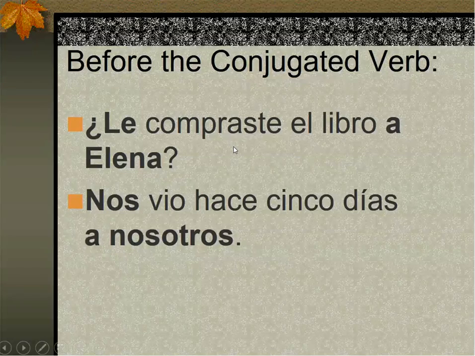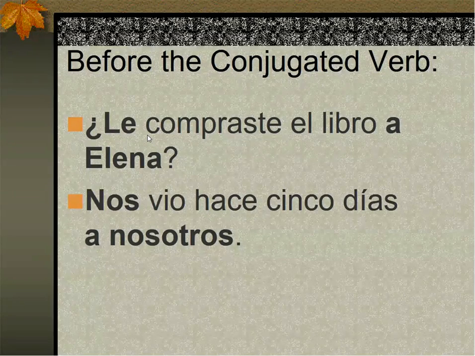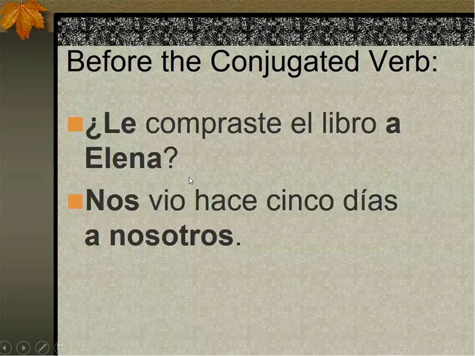So I know it looks kind of redundant because you have the indirect object and also the name of the person. But remember, when I say le, it could be to her, to him, to you formal. So to avoid confusion in Spanish, we generally place it.